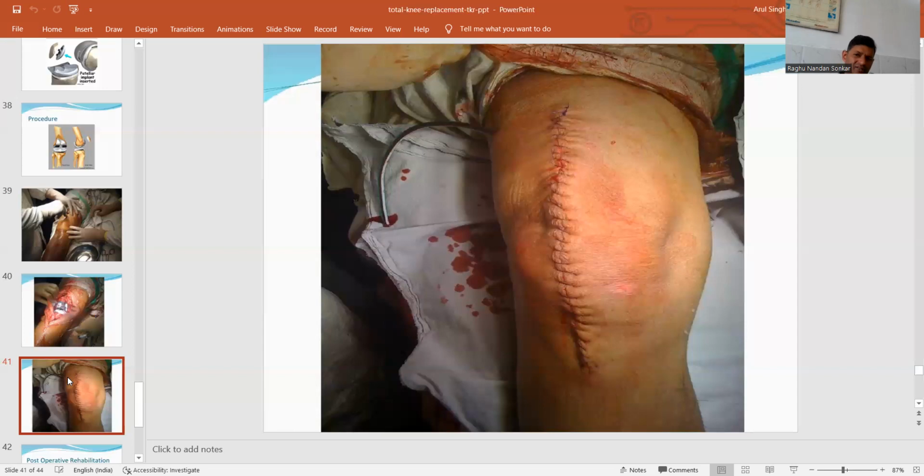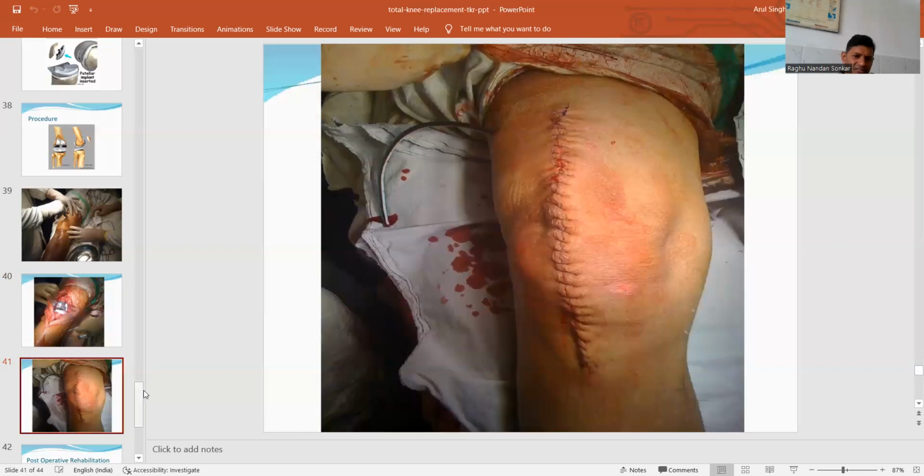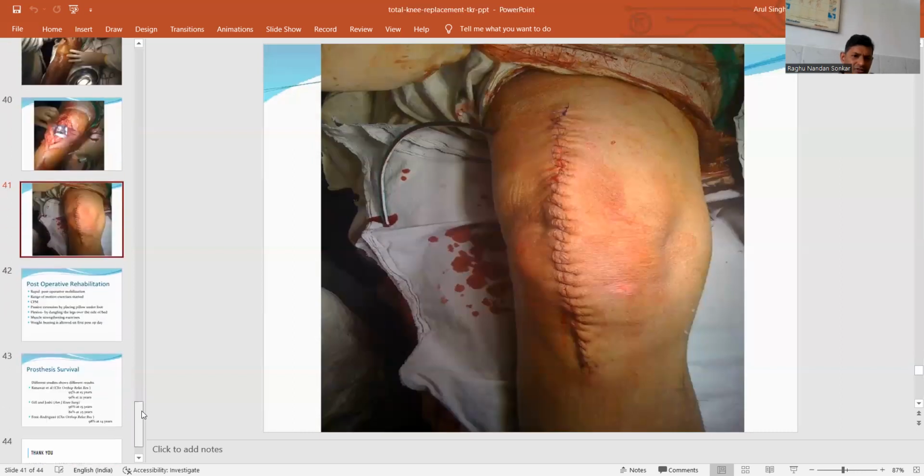So all cuts are already taken, then cementing the femoral component and tibial component. Then you insert the implant. So this was the picture inserting the implant, and this is just after your closure.